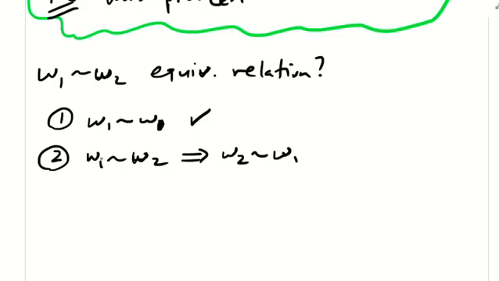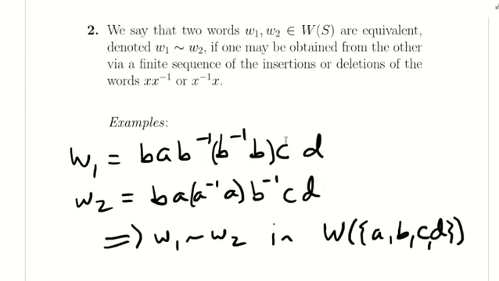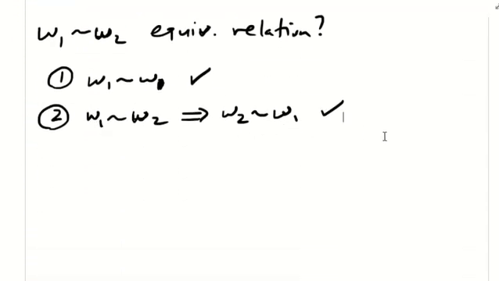Anyway, if one is equivalent to the other, you should be able to switch them and say that they are the same. Yes, if you can get from W1 to W2 by inserting or deleting things of the form x inverse x, or x x inverse, then you can just reverse the process to get from W2 to W1.